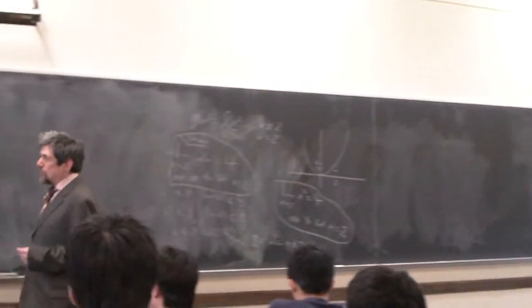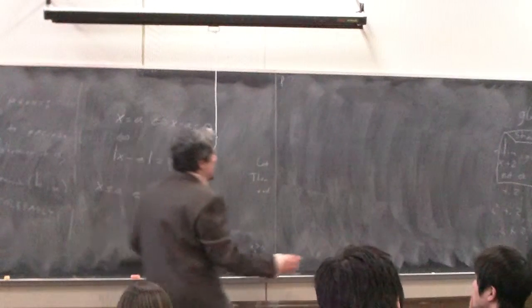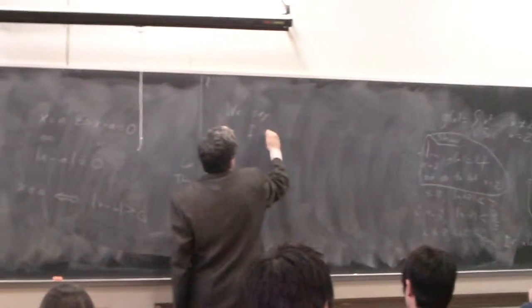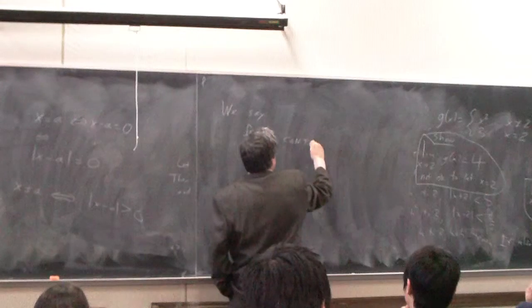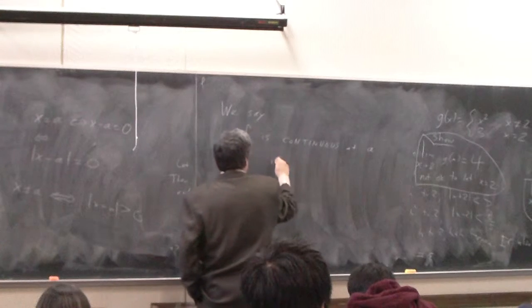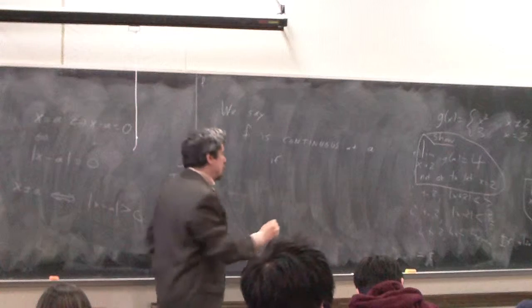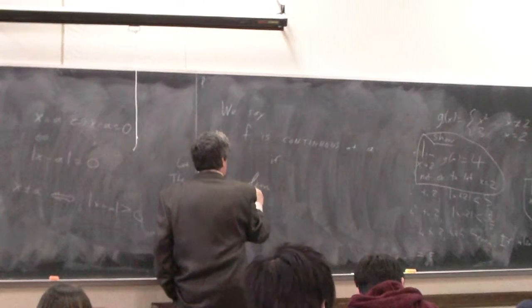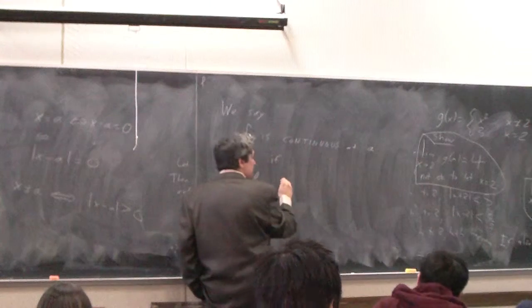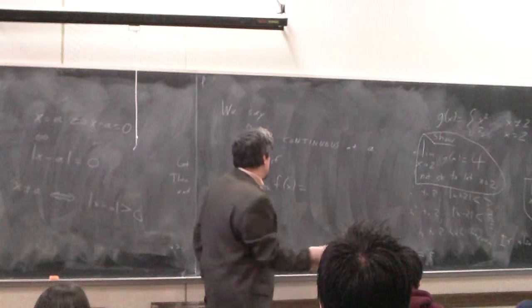All right, so we say f is continuous at a if, so what's the definition? The limit as x approaches a of f of x is equal to f of a, right?